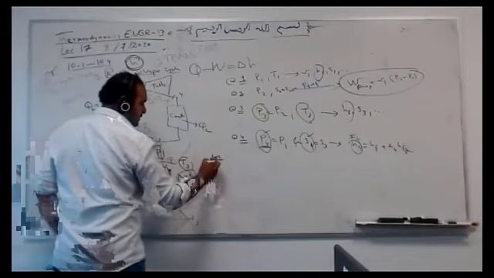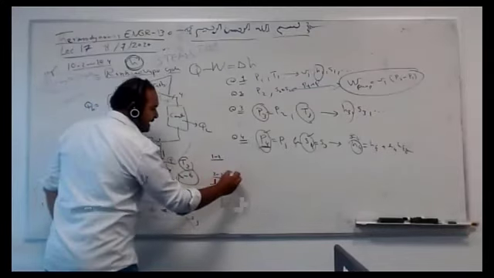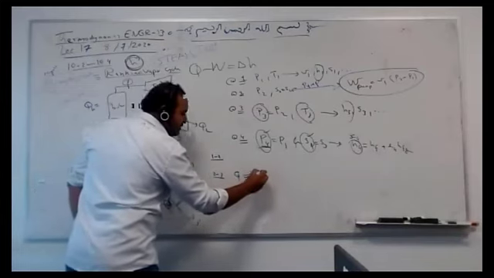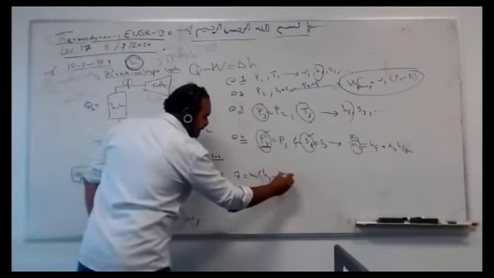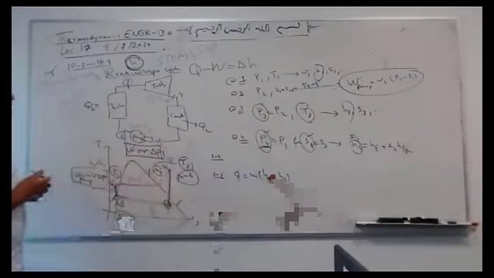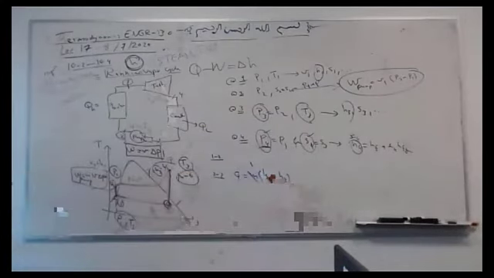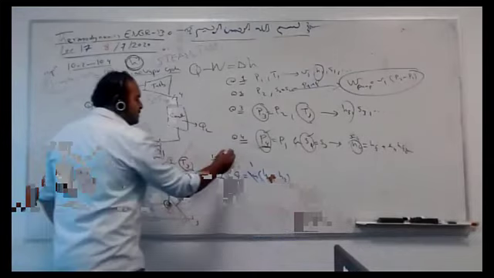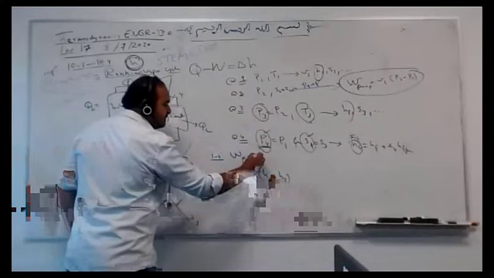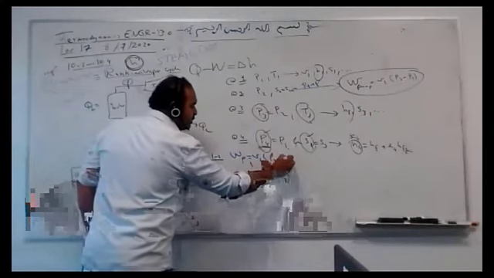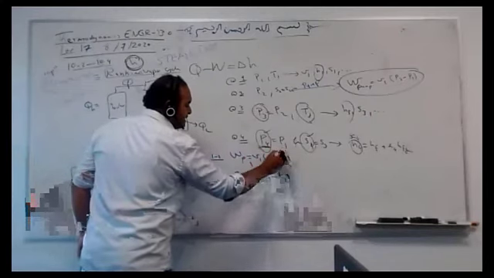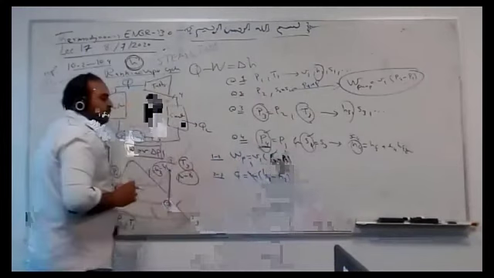Delta H. Exactly. Q is m dot delta H, which is H3 minus H2. If it has m dot. If it doesn't have, put it 1. Just make it per unit mass flow rate, per unit mass. 1 to 2, the work is so easy. The work of the pump is V1 times P2 minus P1.